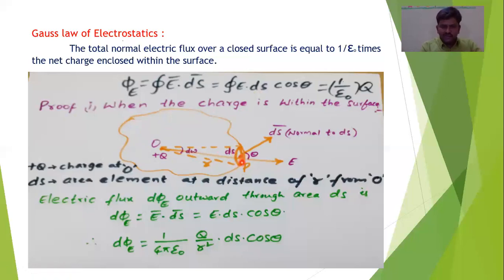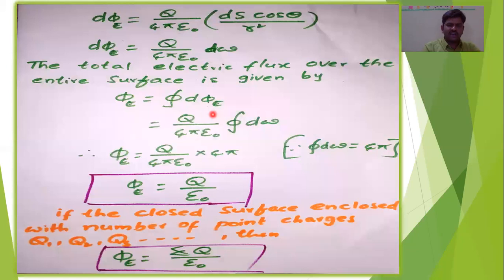Then we will calculate the flux coming out of this ds, and we will integrate that, because after integrating we will get our entire surface.